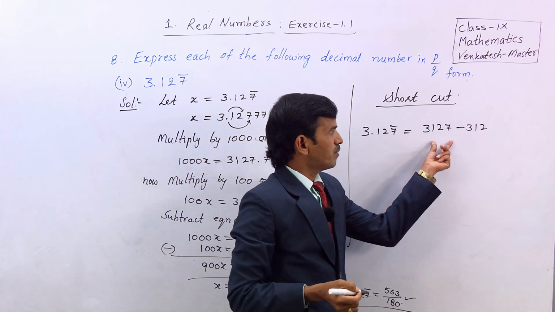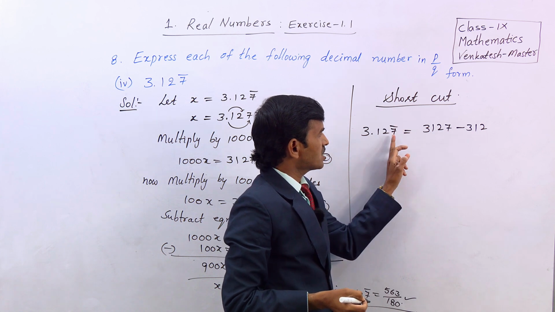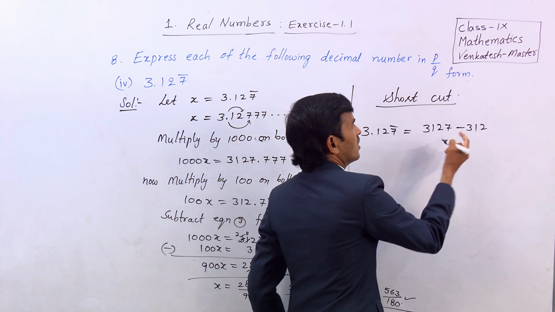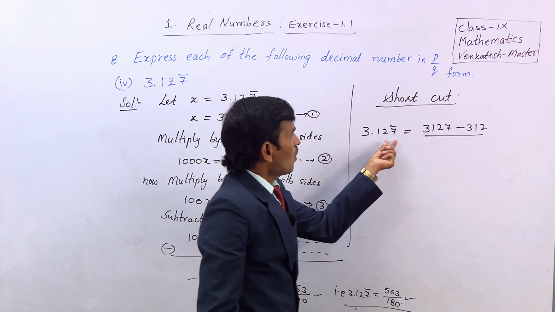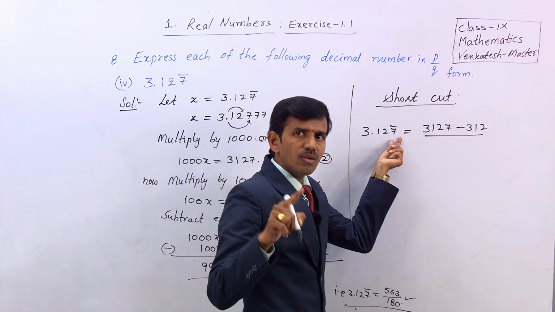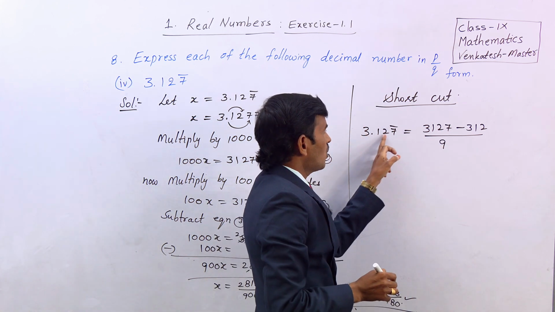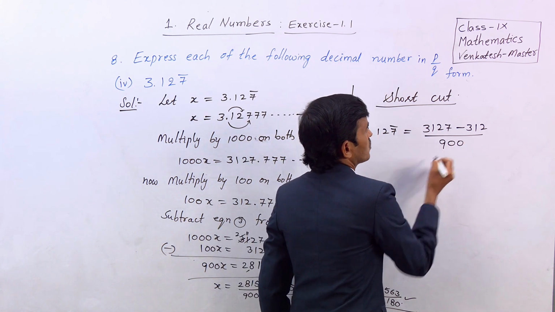First write the entire number, minus the digits which are not repeating. 7 is repeating, other than 7 the remaining digits are to be subtracted from here. And in the denominator, what are the digits repeating here? 7. How many digits are repeating? Only 1. So we should write only one 9. And how many digits are non-recurring? 2. Therefore we should mention 2 zeros.